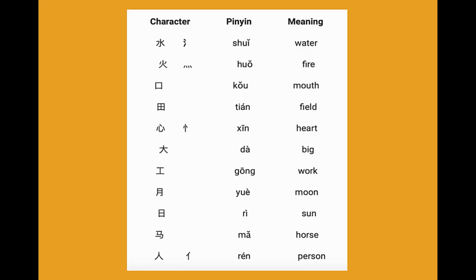Okay, let's go through our vocabulary list now for our radicals. We have a list of some of the most well-known radicals. Our first is pronounced shui, shui, and that means water.